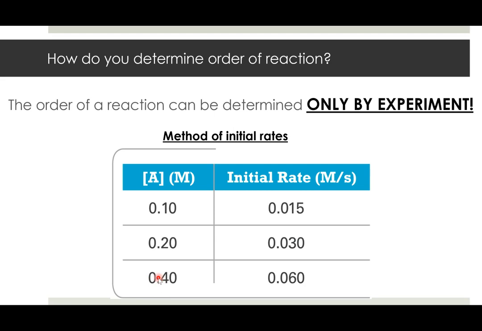When the initial concentration was 0.4, how fast was that reaction? Okay, so we're going to start with different amounts of our reactants, and we're going to measure the rate of that reaction. Certainly, rate is going to have something to do with time, so there'll be a timer involved. And we'll see exactly how we get to rate when we start to do this lab in a couple weeks.